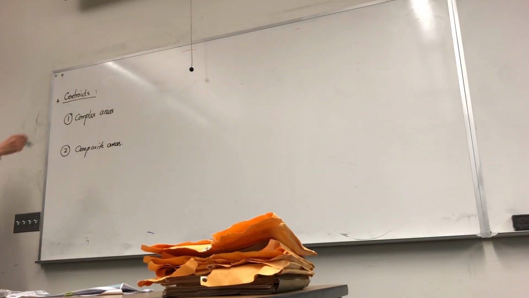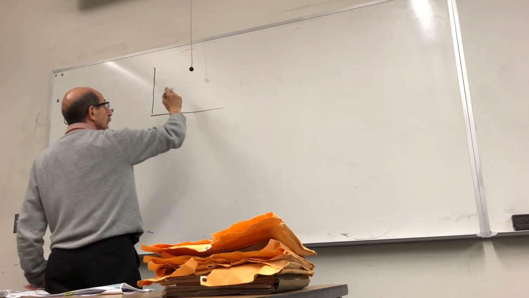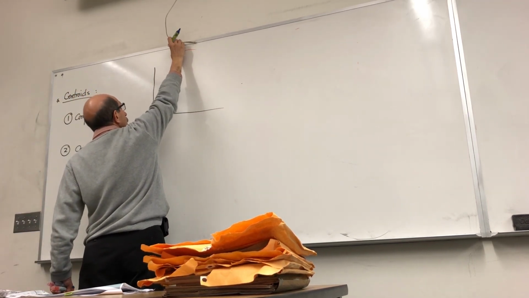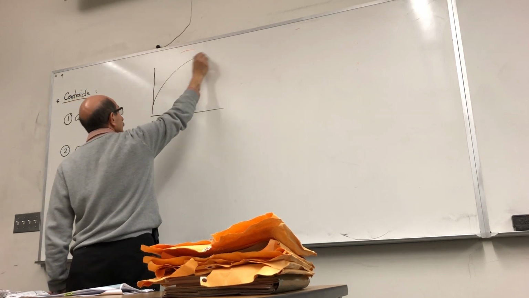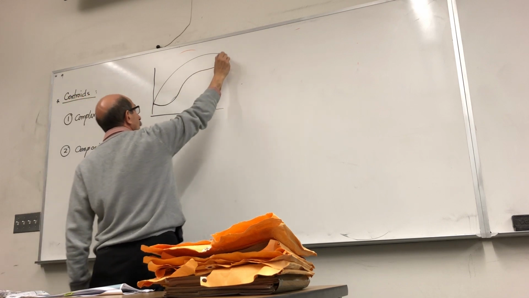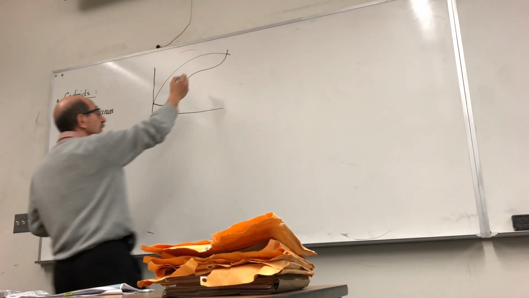Complex areas, for lack of a better word, we call them that way, are areas that consist of something that is the result of intersection of two or three functions, right?